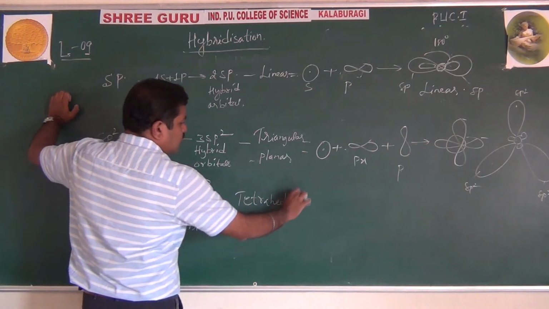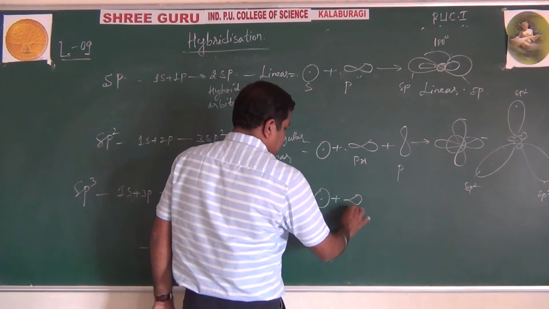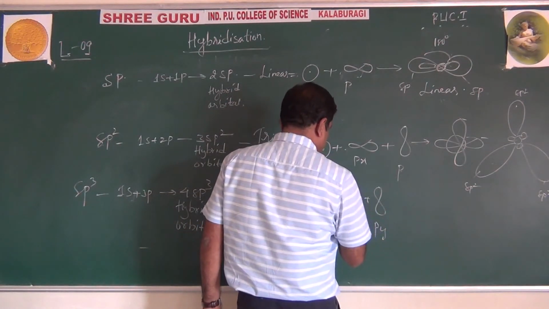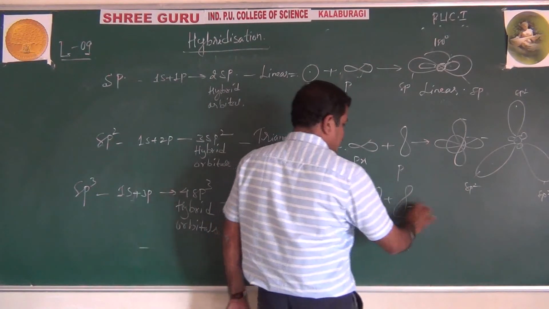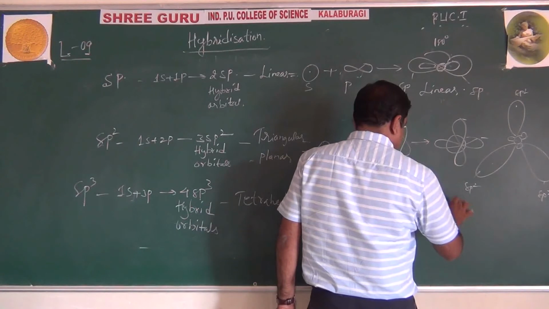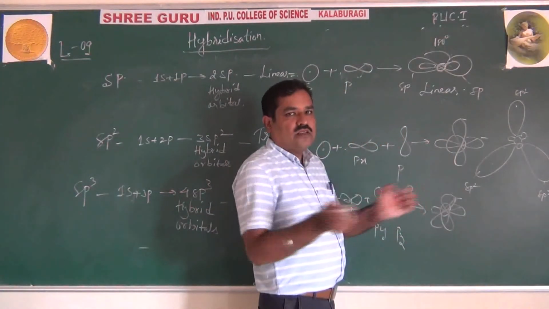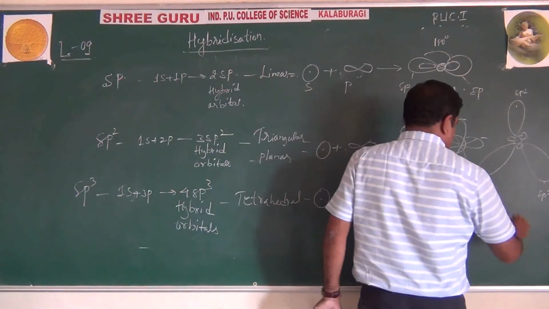Tetrahedral geometry: px, py and pz combine and mix, and this is tetrahedral.